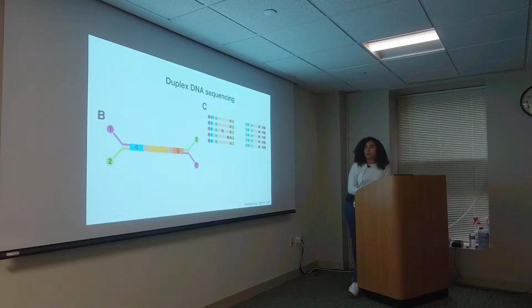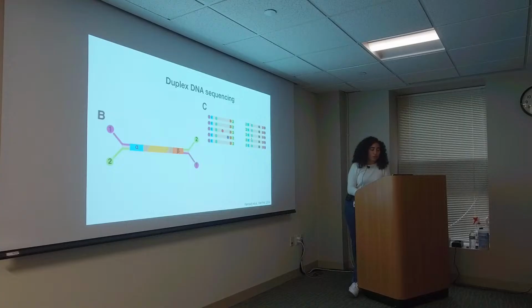So here we can see the top strand, and you can see, for example, here the green, all of the amplified products from the top strand have the green, but then the red and the purple dot are most likely sequencing errors, because not all of the amplification products have it. But then when you see the bottom strand here, you can see that all of them have both of them, like both the green and the brown.